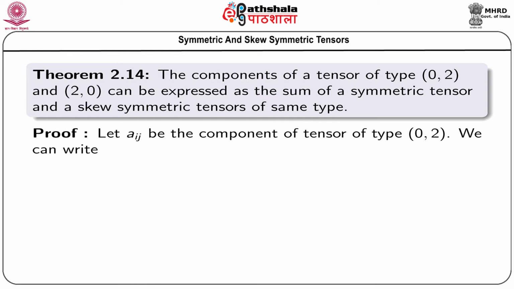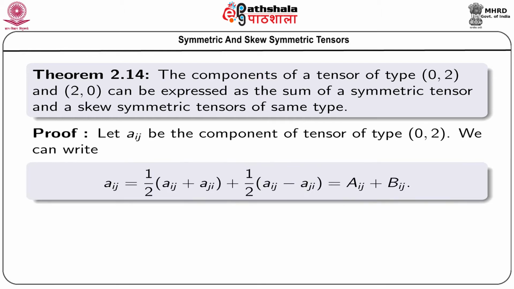We can write Aij in this form: half of Aij plus Aji plus half of Aij minus Aji, and we denote half of Aij plus Aji as capital Aij and half of Aij minus Aji as Bij.